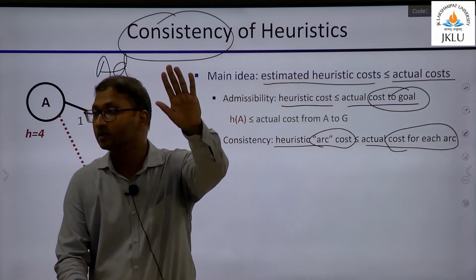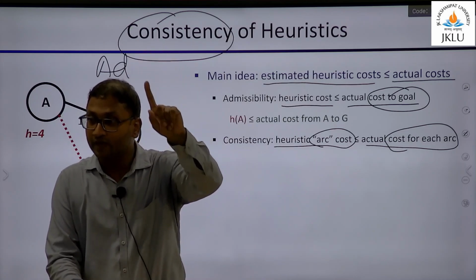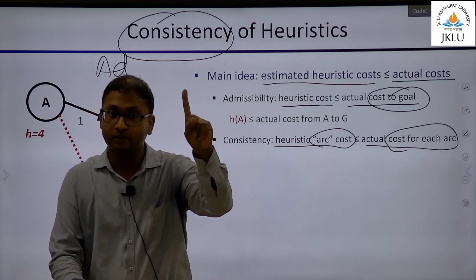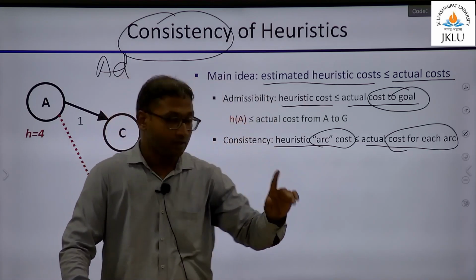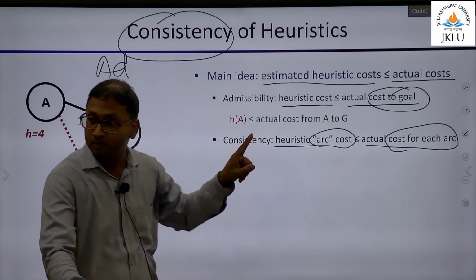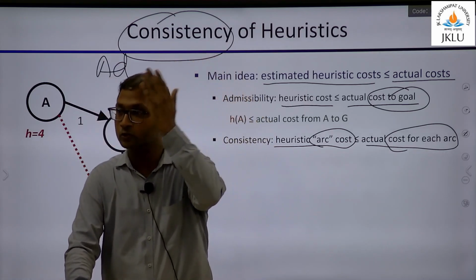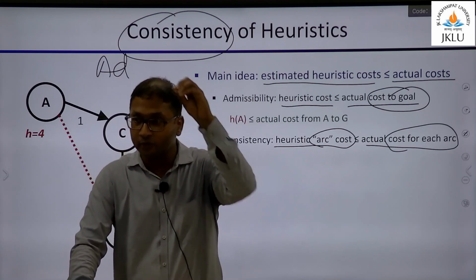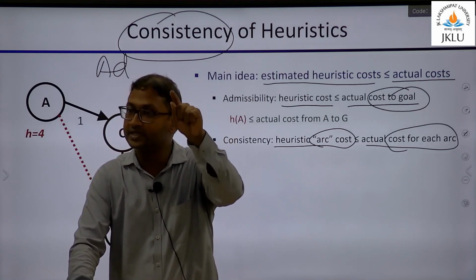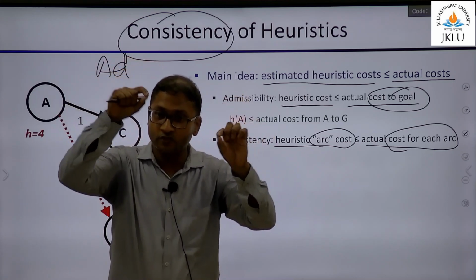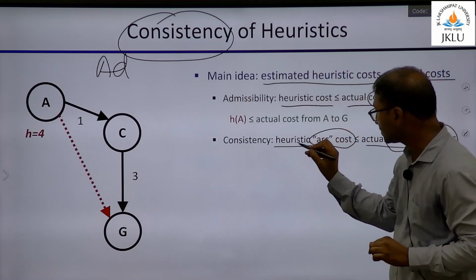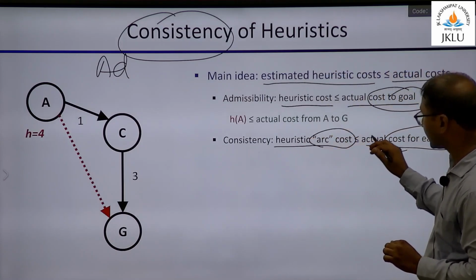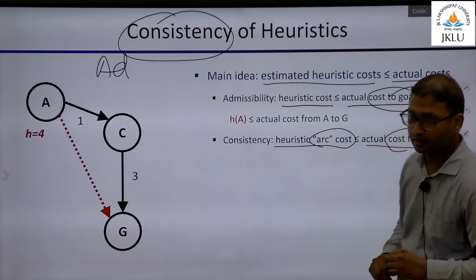Admissibility means all heuristic values should be less than S to G, that's it. Consistency means I don't care about S to G. I care that if you are going from A to B, then the heuristic value has to be lesser than the actual cost from A to B. Okay, so consistency is heuristic arc cost has to be less than actual cost for each arc.